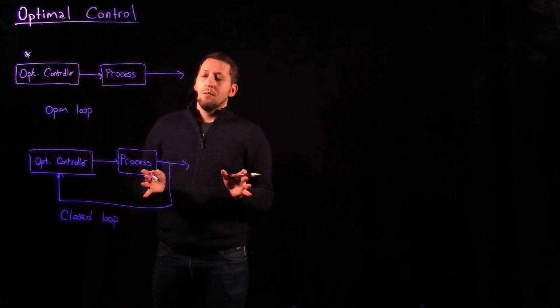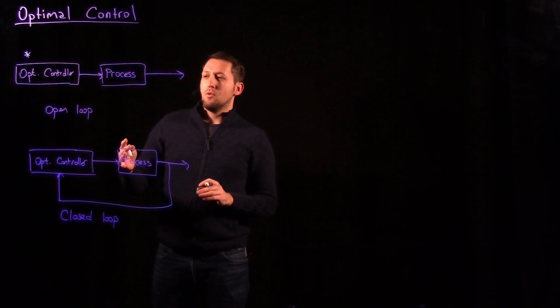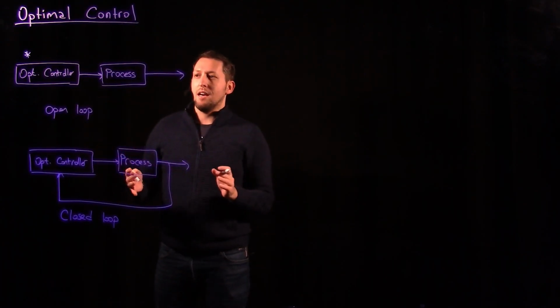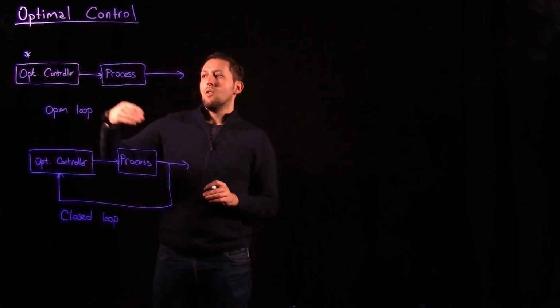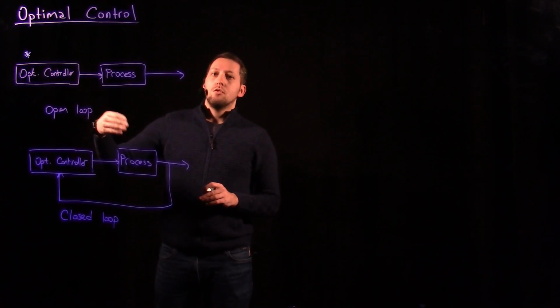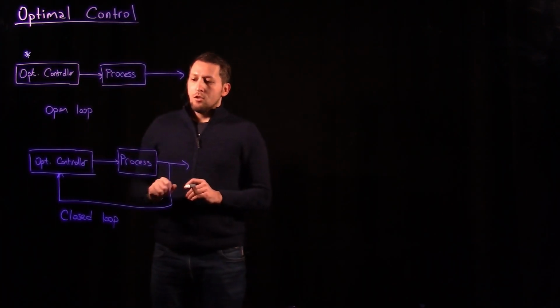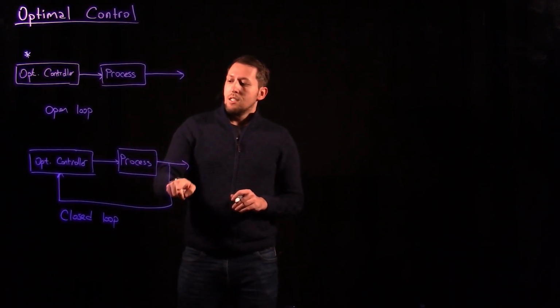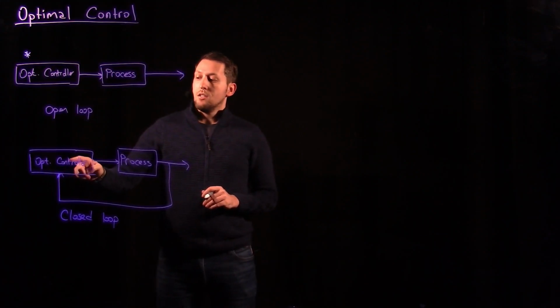But what happens if we did not model our dynamical system in a proper way, or if it changed by time? This type of controller doesn't consider it because it is only subject to the information you provided, which is the process model itself. But in the closed loop case, we have a direct connection from the output to the optimal controller.